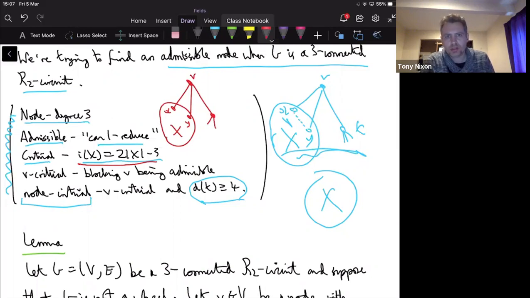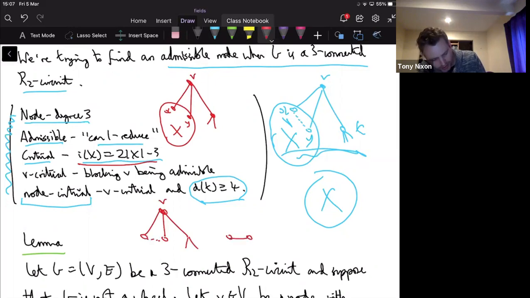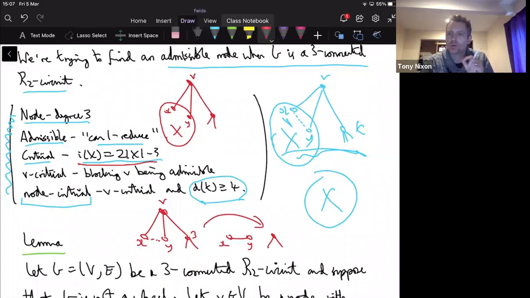The point being that if you imagine you have your vertex, I'm just drawing the same picture again, but if this vertex has degree 3 and we want to add this edge, then in the smaller graph where that edge has been added, this is xy to xy, this vertex here dropped from degree 3 to degree 2. And so it's obviously not going to be a circuit because circuits have minimum degree 3. So it's a very trivial reason that the reduction fails to preserve the circuit property.